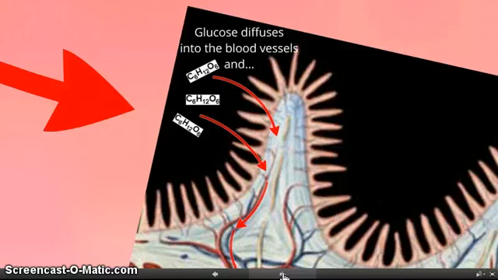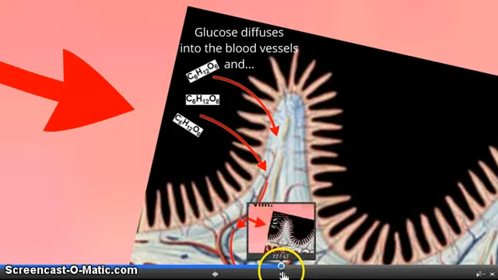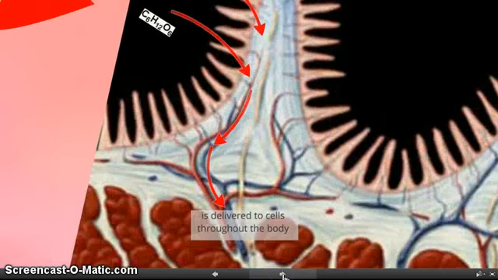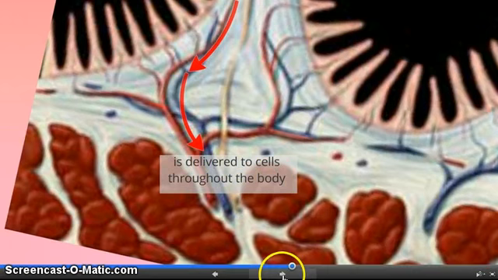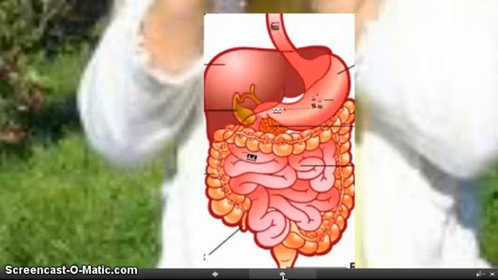Okay, so the glucose diffuses into the blood cells, and you guys can see the C6H12O6, the glucose, diffusing down through the villi and into the blood vessels that are in the villi, and then that glucose is delivered to all the cells throughout the body. Alright, let's go on, because this doesn't have anything to do with cellular respiration, really.